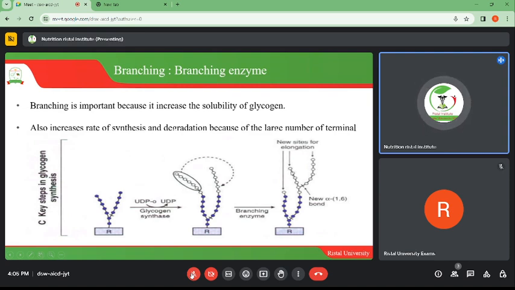So after putting in a branch point, our enzyme called glycogen synthase comes and continues adding on more glucose units on top of the branch chain that has been formed. This is so continuous, and it occurs until the chain is really so long and stored in your body.